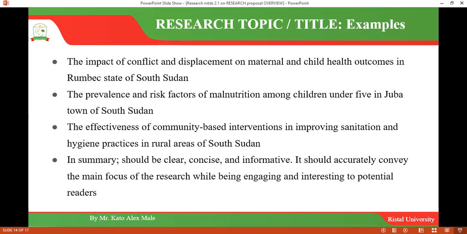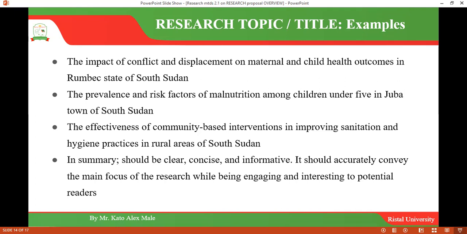Effectiveness of community-based interventions in improving sanitation and hygiene practices in rural areas of South Sudan. You find out that the third topic, effectiveness of community-based interventions, is a topic based on qualitative research. Remember in our Research Methods One, I discussed with you qualitative and quantitative research.